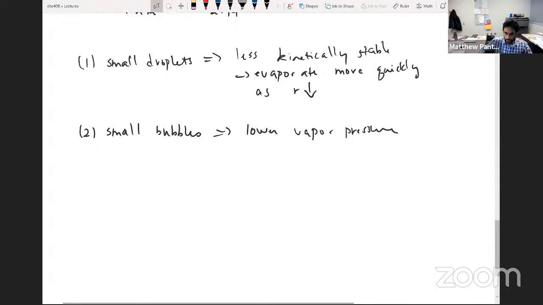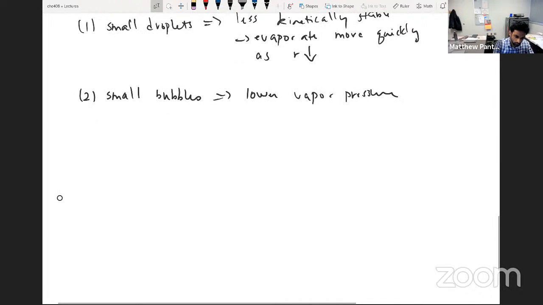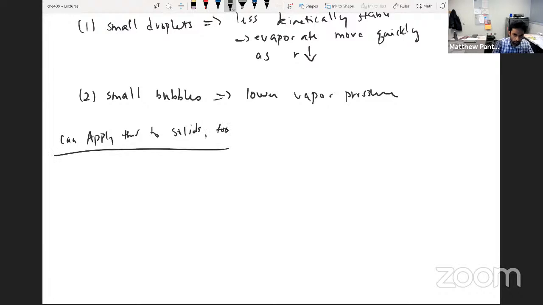So this has some other effects when you go to non-liquid systems that are pretty well known, and this applies to liquids as well. So we can apply this to a solid system. We can apply this to solids too. In this case, we don't use pressure because that's not very meaningful for solids.